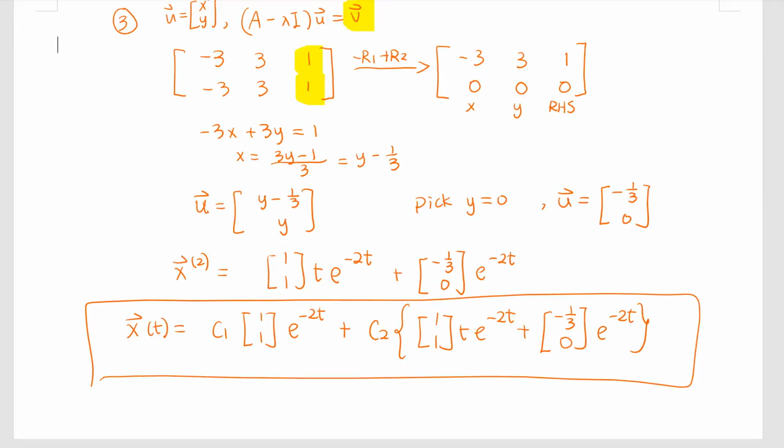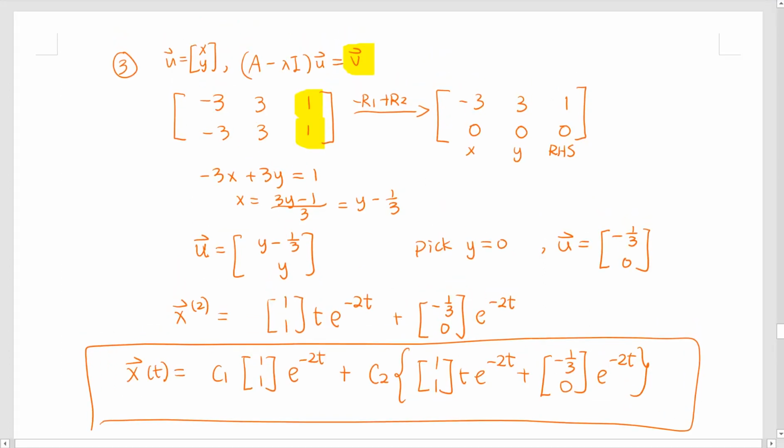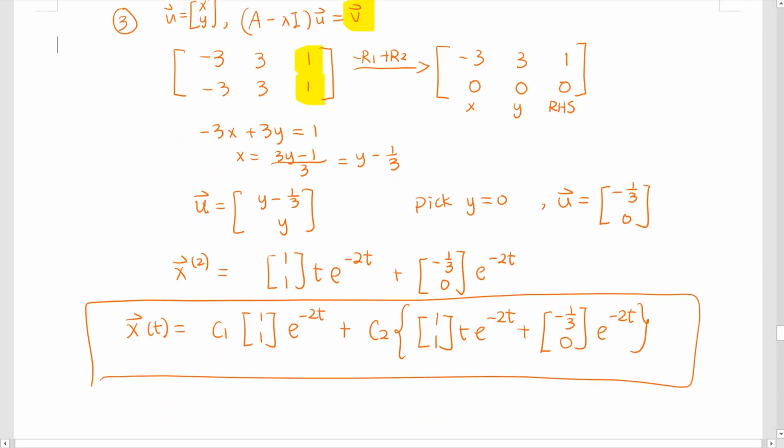That's why you can compare all the cases. If we have one repeated root but you can only find one eigenvector, then you have to show more work to find the second linearly independent solution. Okay? All right. Now, what's next?